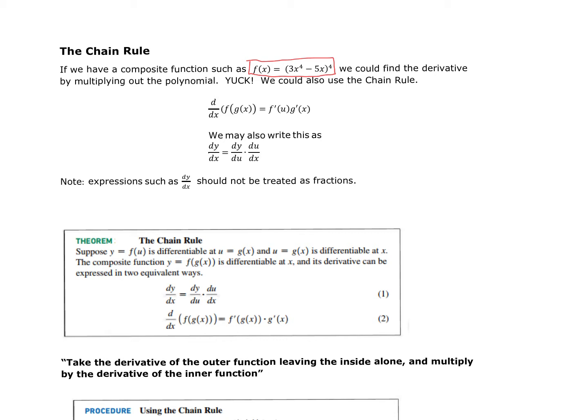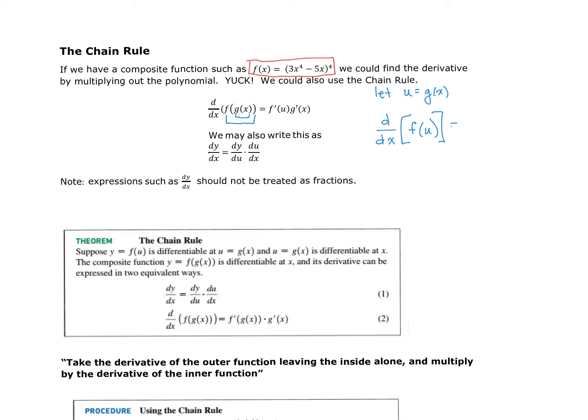So when we take the derivative of a composite function, we have to identify what we call the inside function and what we call the outside function. So I'm going to let u be g of x. And so I might write this as the derivative with respect to x of f of u instead of f of g of x.